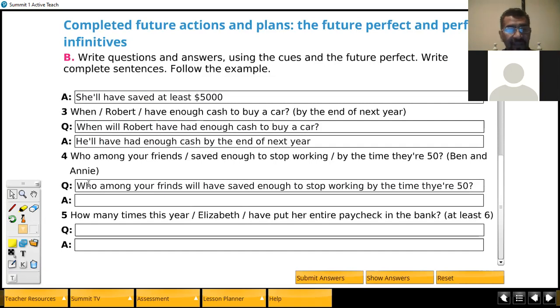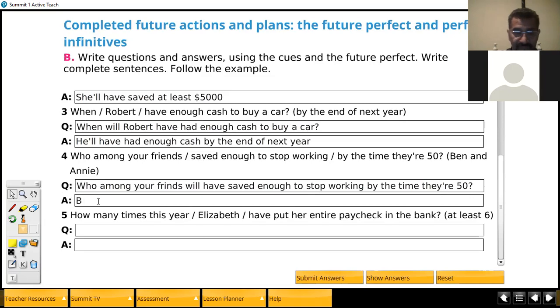Teacher, que no le entiendes a la pregunta. Sí, para retirarse. Se refieren a retirarse. Pero who among, ¿quién entre tus amigos tendrá ahorrado en... ok, ya. Ok.